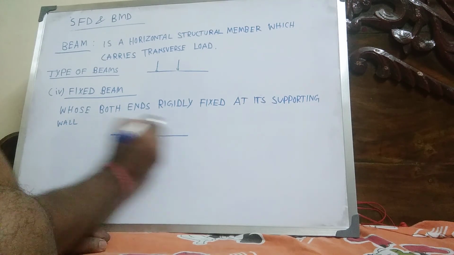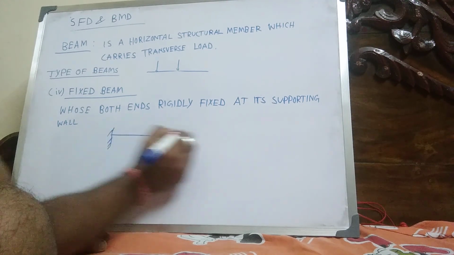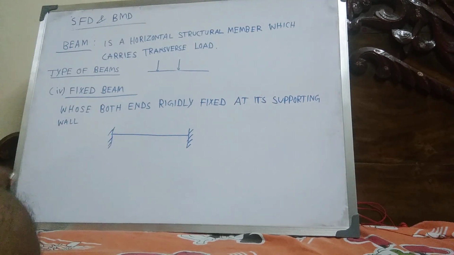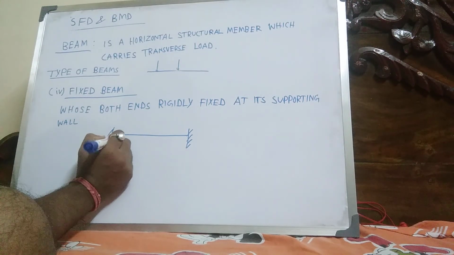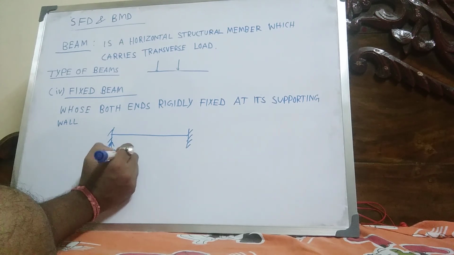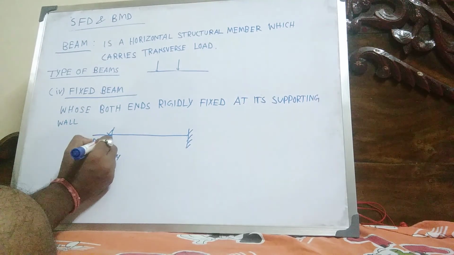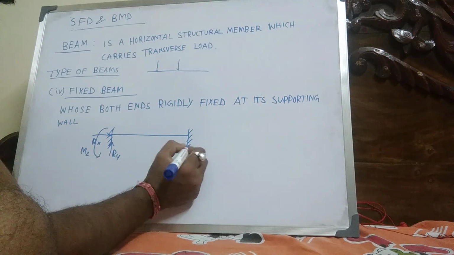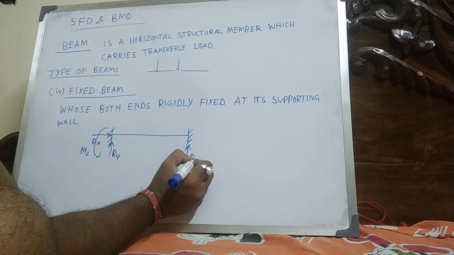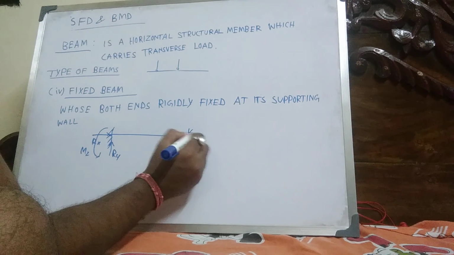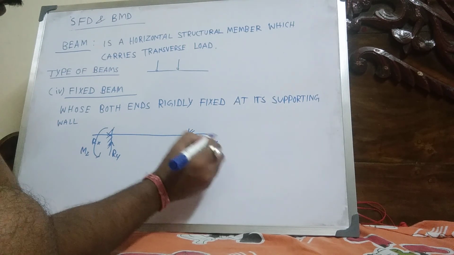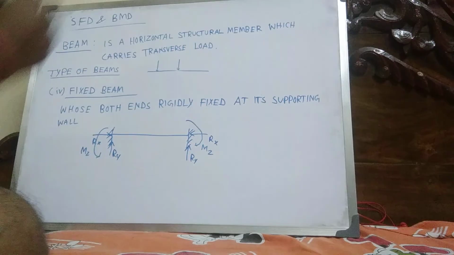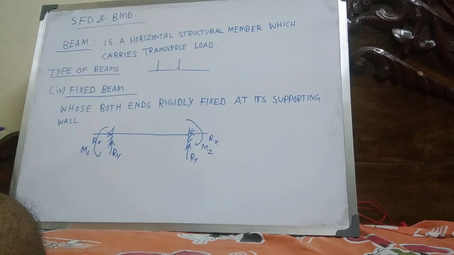Both ends are rigidly fixed. There are 6 reactions. This is fixed support with Ry, Rx and Mz. Same condition here, Ry, Rx and Mz. There is a number of reactions, number of motions restricted.